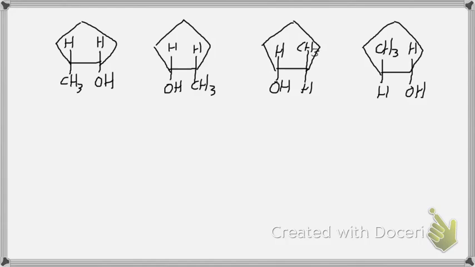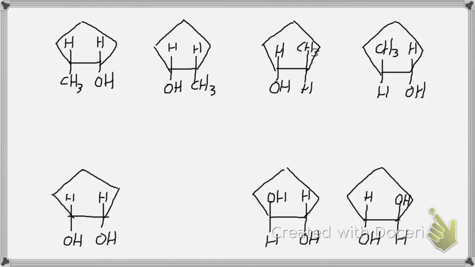There should be two pairs of enantiomers, right? So this represents the chiral molecule with 2 stereocenters. So determine the chiral center, absolute configuration at the chiral centers, and try to see the relationship of these molecules.